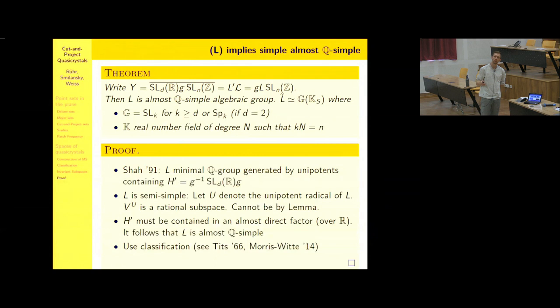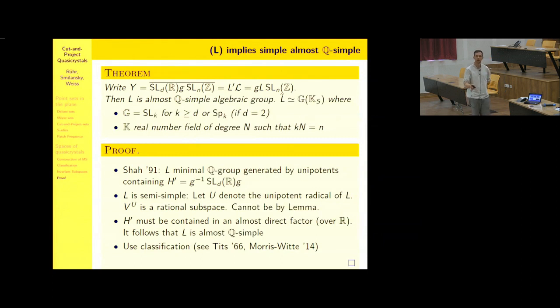But the lemma was about L prime and curly L rational. If we move to L, things just become rational. But the lemma tells us we cannot have this rational subspace.